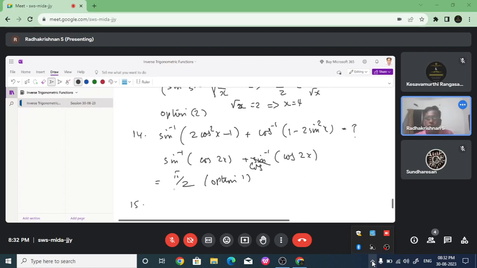If cot inverse of square root of sine alpha plus tan inverse of square root of, Sir, -1, sir.